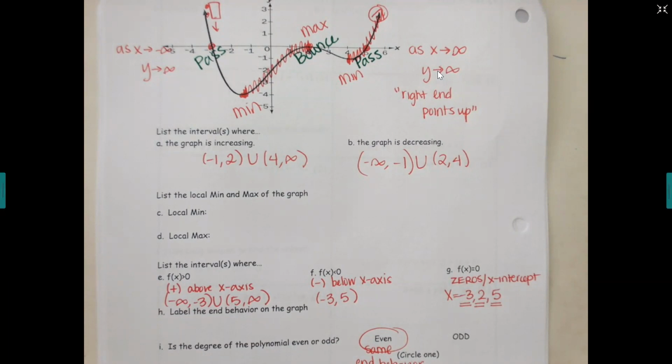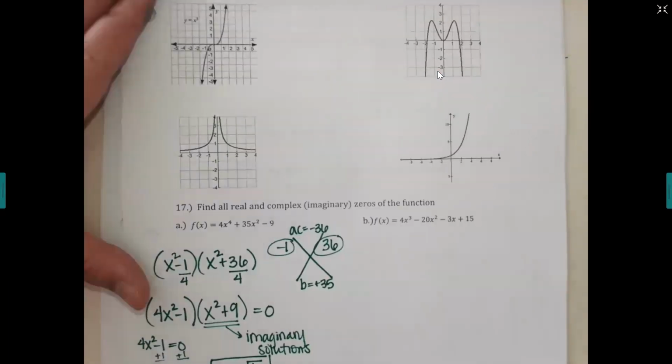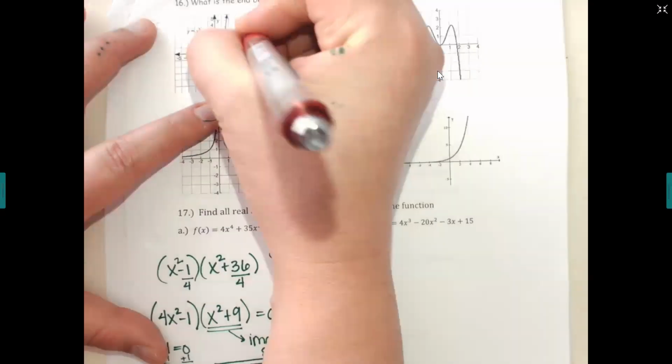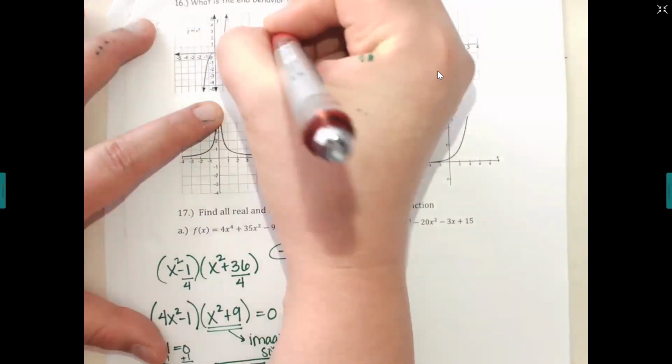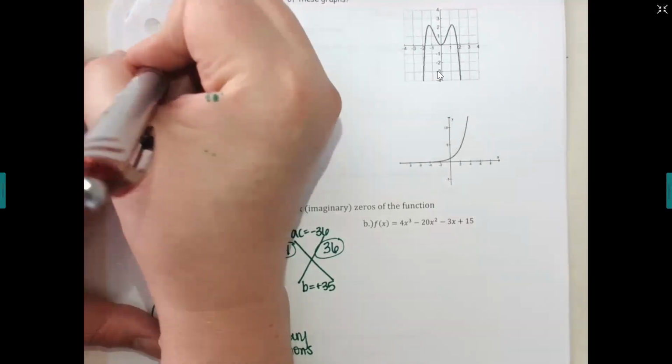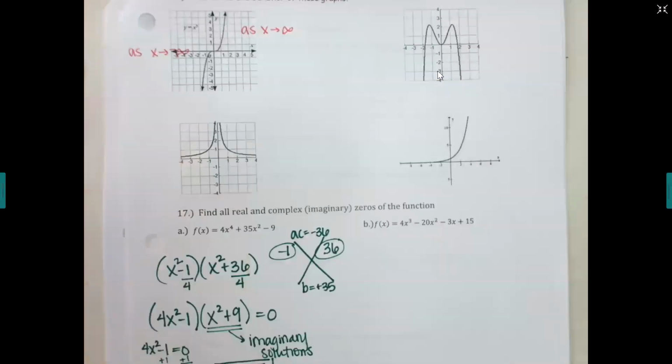Maybe we'll just do one more off the next page. Will you do the first graph? And you're just writing the end behavior. So as x goes to infinity and as x goes to negative infinity.